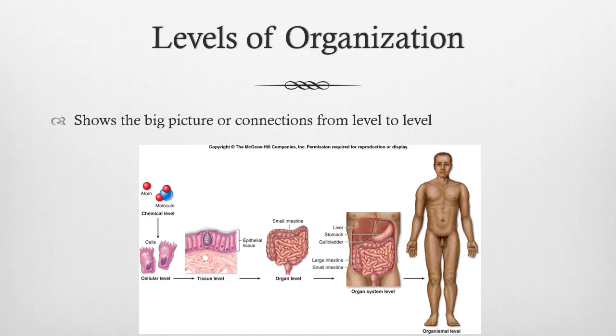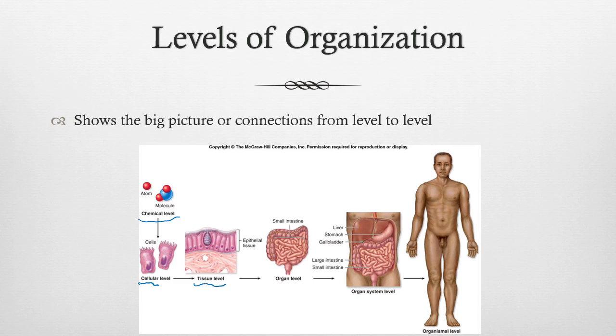Cells themselves are made up of individual molecules. So we have the chemical makeup of the different proteins, carbohydrates, lipids, and so on that make up individual cells. From the cellular level, we can move on, and individual cells that do common jobs are put together to make up different tissues.